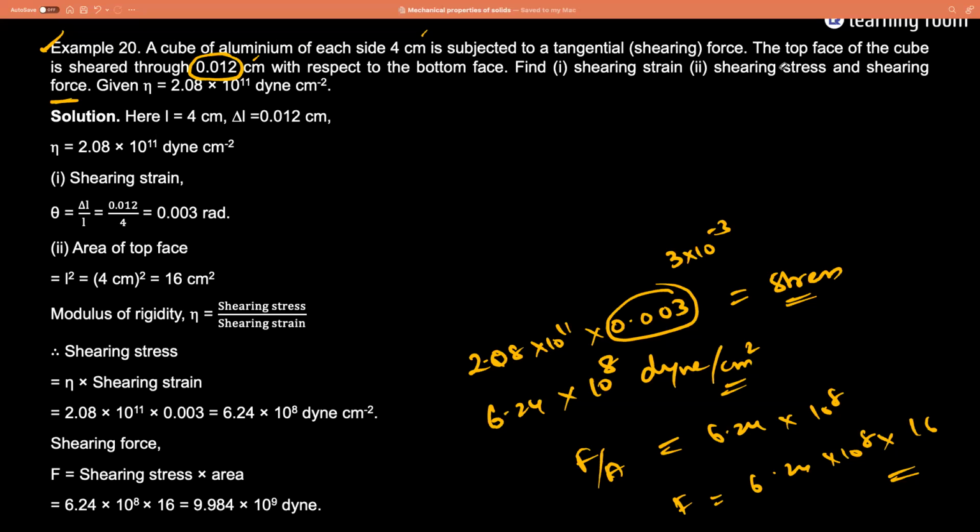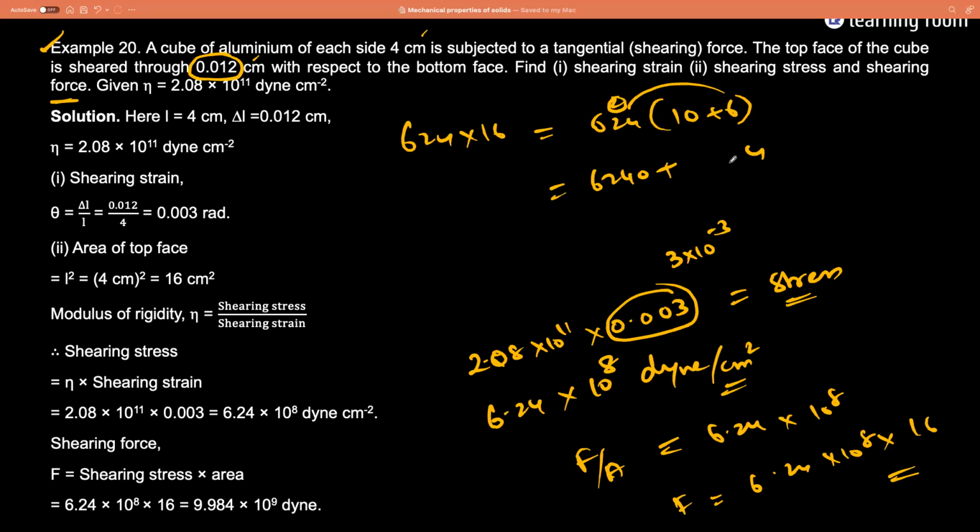Listen, whenever you want to do calculation, you see, 624 into 16. Now you can write this as 624 into 10 plus 6. The decimal we will deal with later. So it is going to be 6240 plus 624 into 6. 4 into 6 is 24, here 2 will come. 6 into 2 is 12, plus 2 is 14, 1 carry. 6 into 6 is 36, plus 1 is 37.